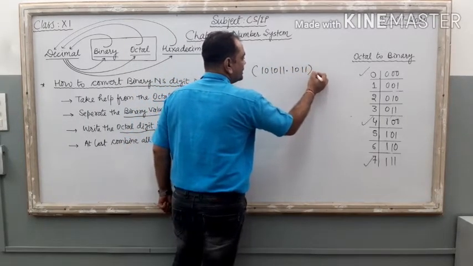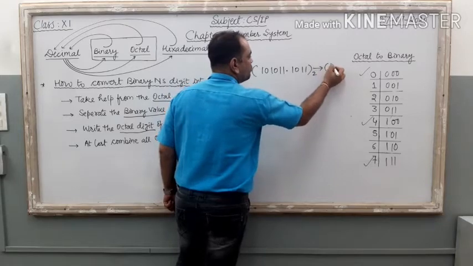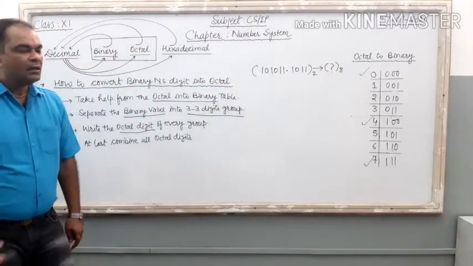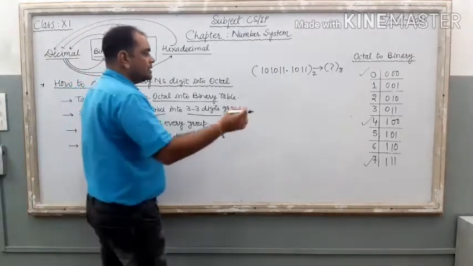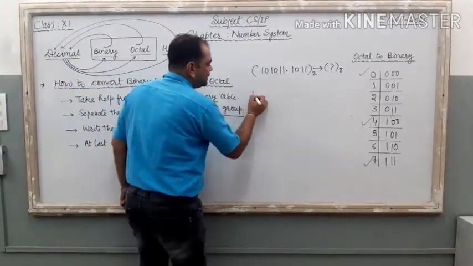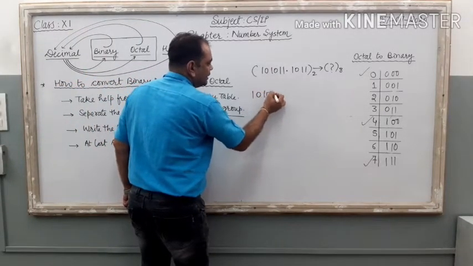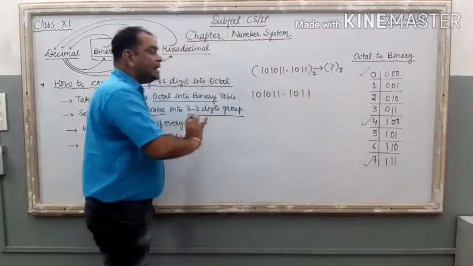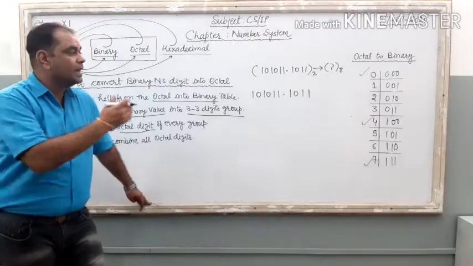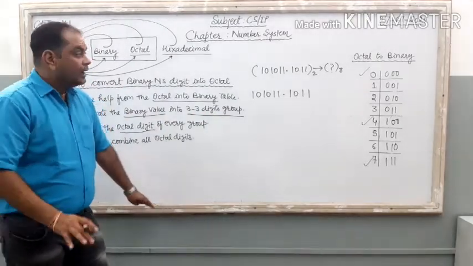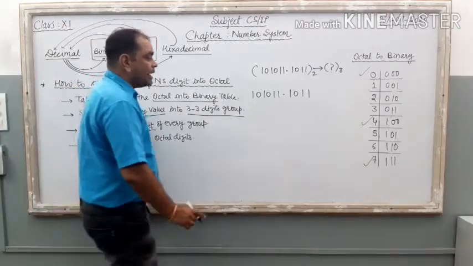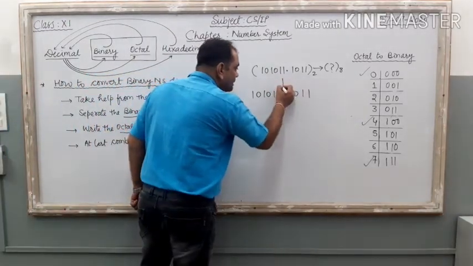101011.1011. It is a binary value and we have to convert it into the octal number system. Right? The first step, just separate the digits: 1 0 1 0 1 1 point 1 0 1 1. Here it is the actual binary value. Now in the fractional part, just keep in mind, hold the decimal point.